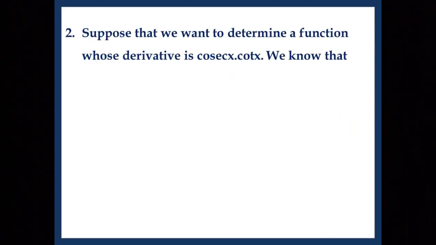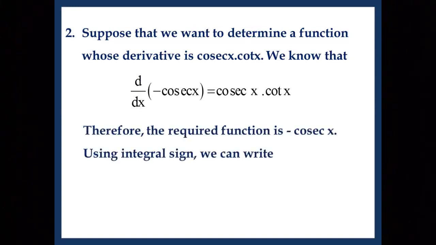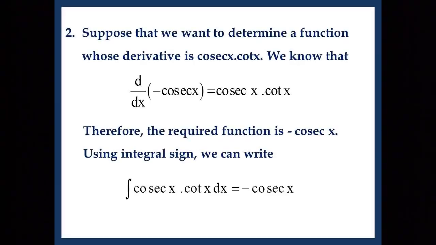Suppose that we want to determine a function whose derivative is cosec x into cot x. We know that d/dx of minus cosec x is cosec x into cot x. Therefore, the required function is minus cosec x. Using the integral sign, we can write integral cosec x cot x dx equal to minus cosec x.